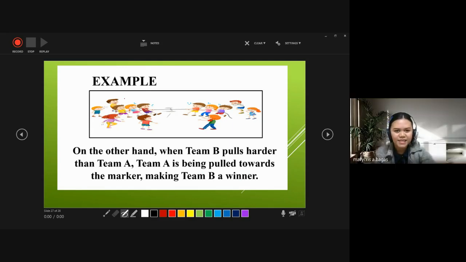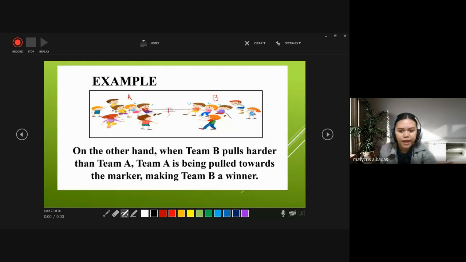Okay, let's say this is team A and this is team B. And this is the marker.